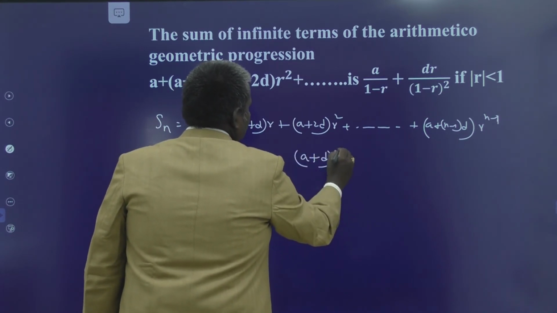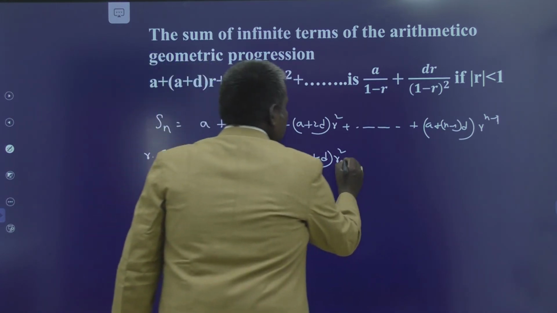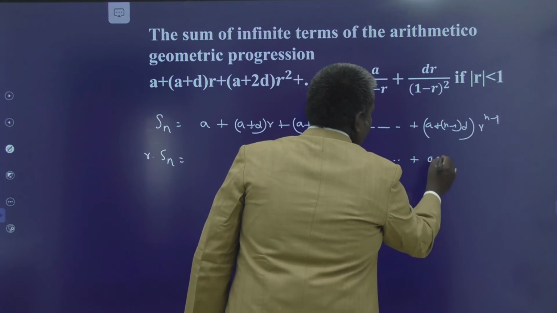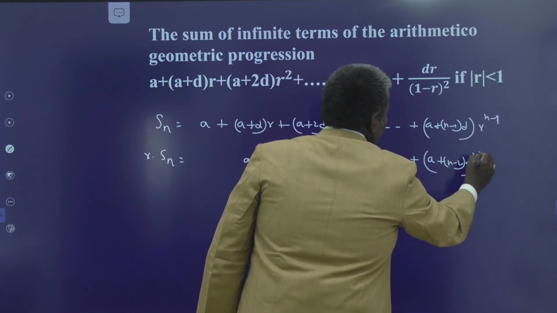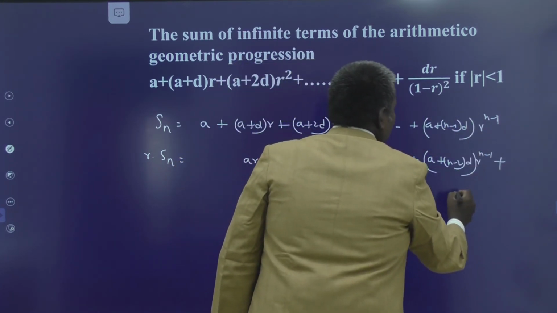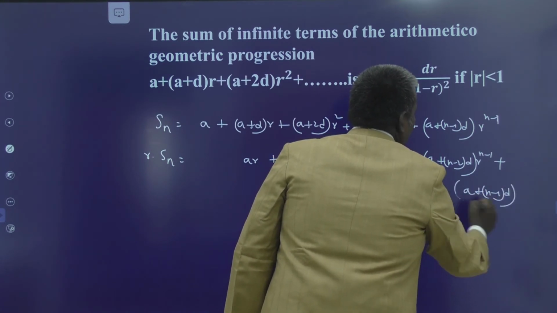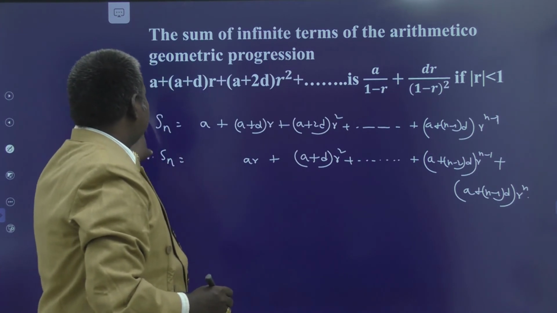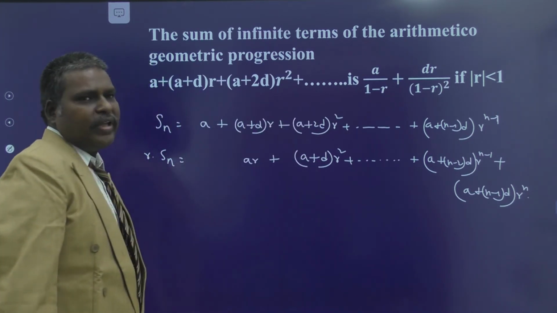We multiply R to each and every term, plus and so on up to the previous term, which is A plus n minus 2 into D into R power n minus 1, plus we multiply the last term with R. What happened? A plus n minus 1 into D into R power n is obtained. What did I do? Each and every term is multiplied by R. We obtain R into Sn.